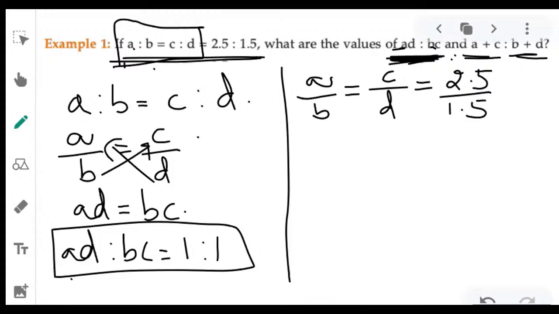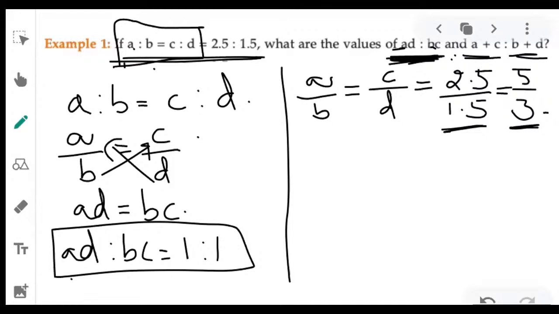So what is the simplified value of this? 2.5 by 1.5 is equal to 5 by 3. Very good. So did everyone understand how we came to 5 by 3? Mamta, did you understand how we came from 2.5 divided by 1.5 to 5 by 3? Yes, ma'am. All right, super.